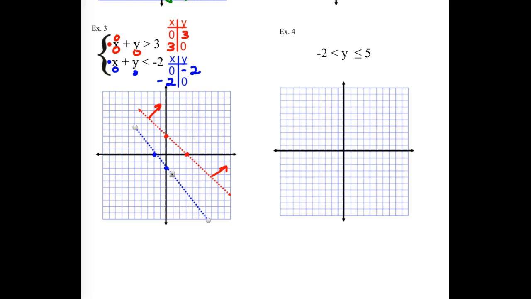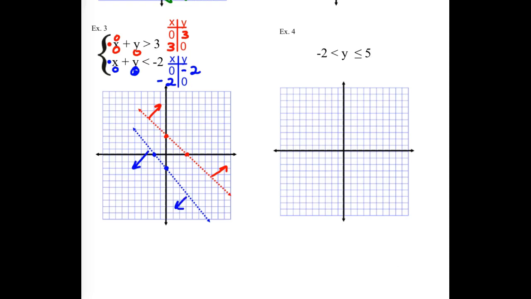And again, we have to test the origin. So if we put in 0 and 0 at the same time for x and y, we have 0 is less than -2. Since 0 is not smaller than -2, we don't want the origin shaded, so we are going to be moving that direction.